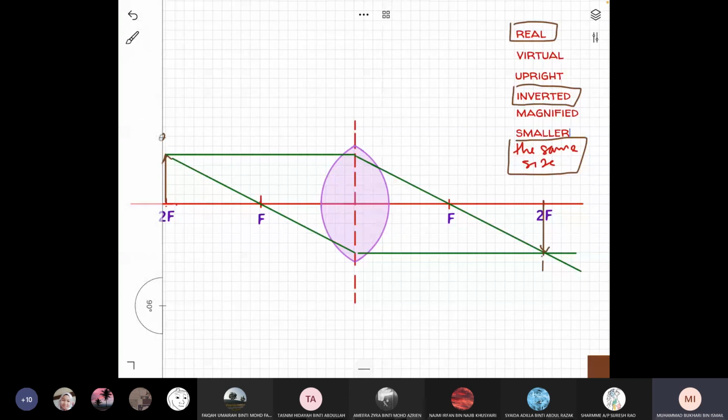So we have 3 characteristics. And another thing, you need to pay attention to the position of the object and image. The object is on 2F and the image is also on 2F.